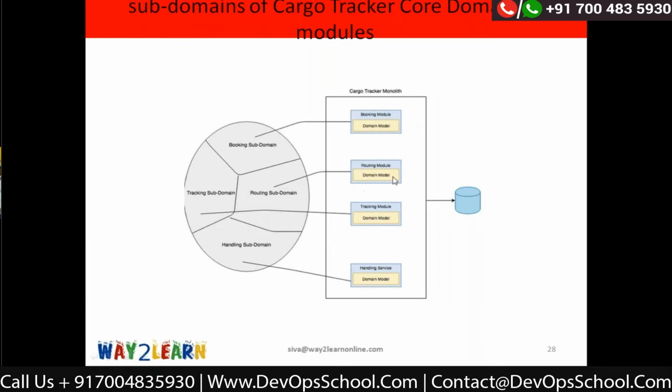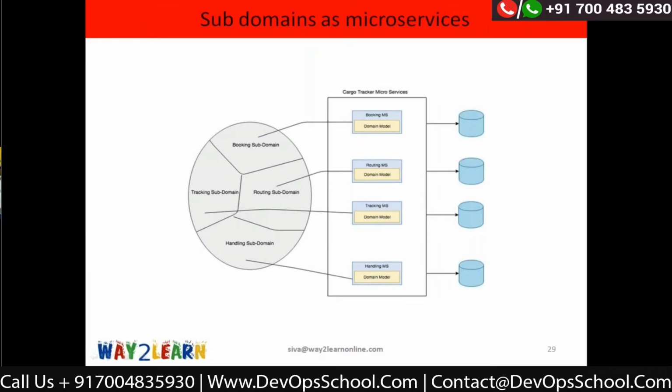If you follow this approach, later, once your use case becomes complex and you want to switch to microservices, you can easily take out the code of each subdomain because it has its own domain model. So you can actually make it microservices. You can decide whether you want a single bounded context or multiple bounded contexts.